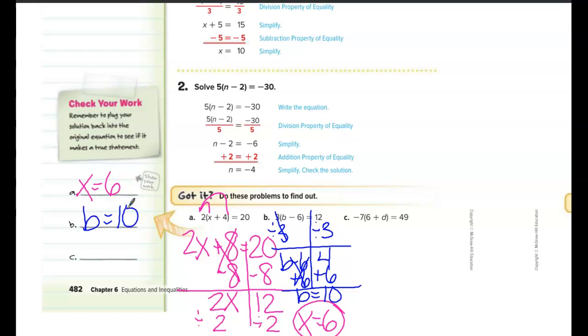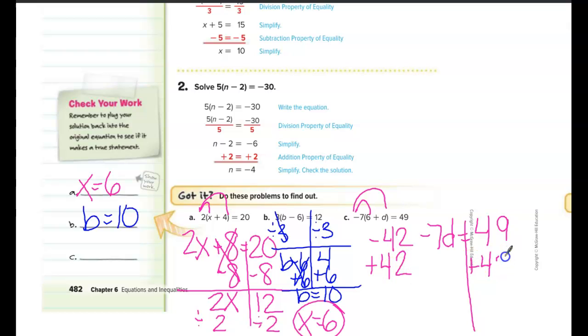And for C, I'm going to go back to the distributive property. I think most of you will probably like that one the best. So a negative 7 times a positive 6 is going to be a negative 42. A negative 7 times D is going to be a negative 7D equals 49. Okay, I have a negative 42, so in order to get rid of it, I'm going to add 42. Made a 0 pair.